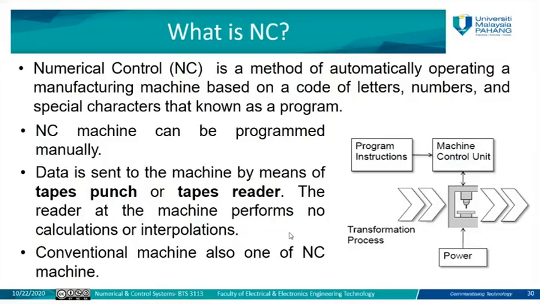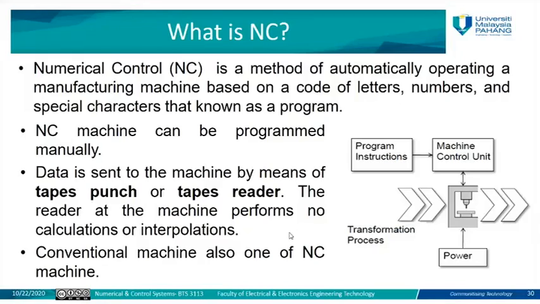So when we talk about computers, we always talk about coding, programs, and software. For NC, the coding is a lower level of coding. It's not a high level language like the other software applications you have on your computer. It has a specific type of coding, which only consists of letters, numbers, and special characters.